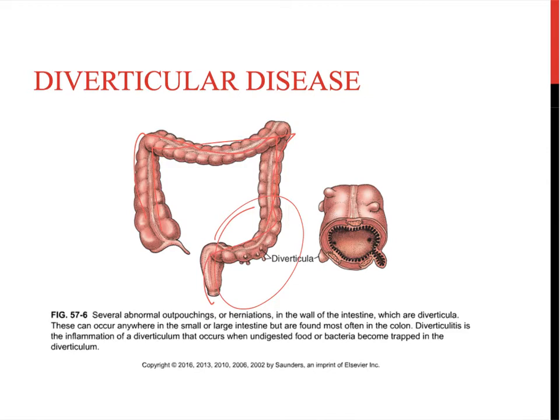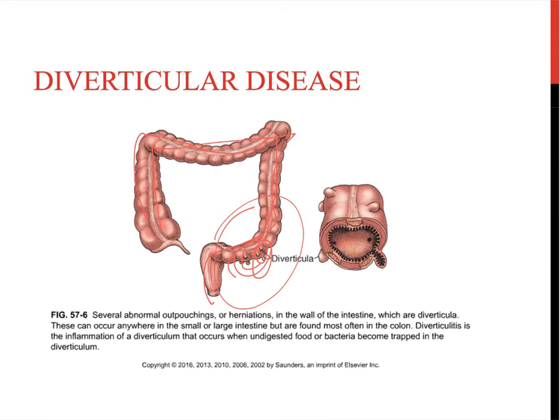The other thing that they need to do is avoid foods that contain seeds or other indigestible material. Any seeds, especially nuts, popcorn, tomatoes, strawberries, those are more likely to get stuck. Those seed-like undigestible things such as corn will get stuck in there, and that can increase the likelihood that these diverticula will get inflamed.